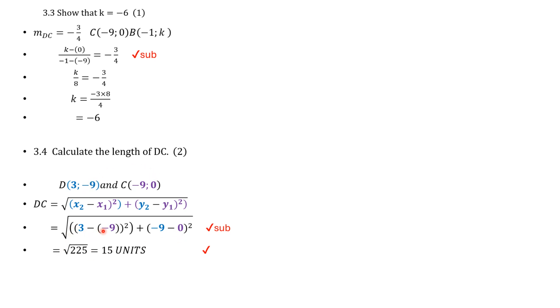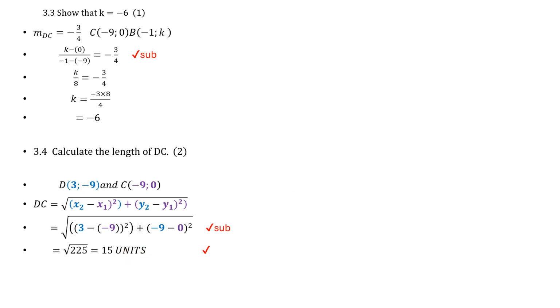So that gives me 3 plus 9 is 12 squared, which is 144. Minus 9 squared, 81. 144 plus 81 gives me 225. And the square root of 225 gives me 15. We didn't give any units, SI units or centimeters, meters, so then we have to write the word units. So this is 15 units long for DC.